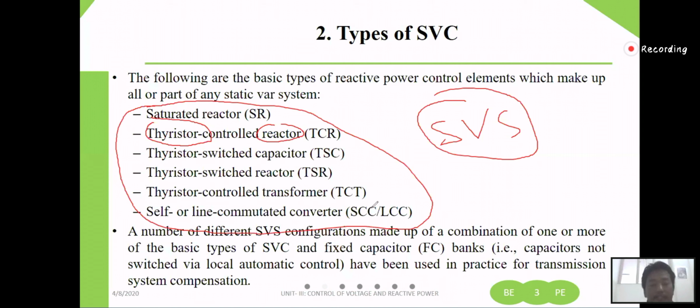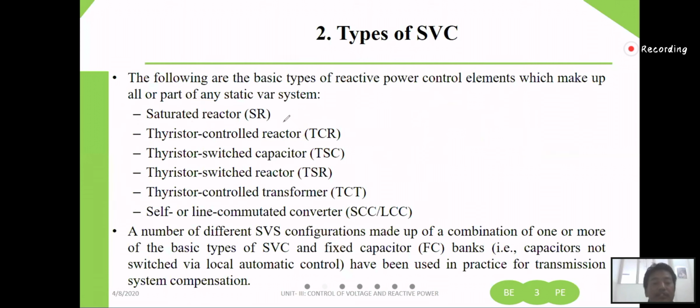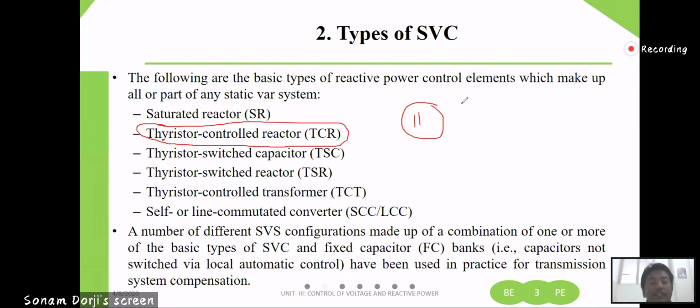You might have learned this, but we will not go into detail of the characteristic of the thyristor. This you have already learned in power electronics. So what we will do is draw one thyristor controlled reactor. I'm giving this as an example, and then we will try to control the voltage and at the same time the power factor, either in a distribution system or a transmission system.